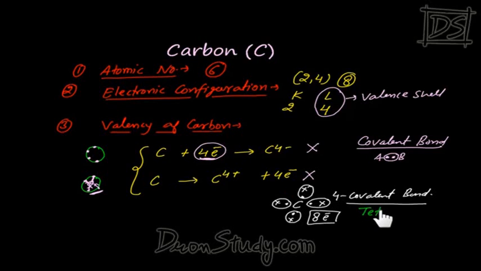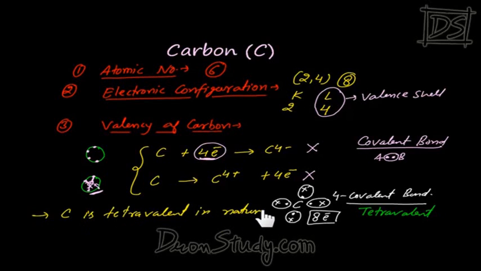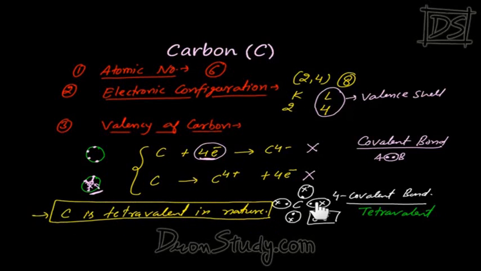That's why we say that carbon is tetravalent in nature. You have to be careful, we can write this: carbon is tetravalent in nature. Why? Because it shares its 4 electrons with other carbon or with some other elements and makes 4 covalent bonds. And that's why carbon is tetravalent.